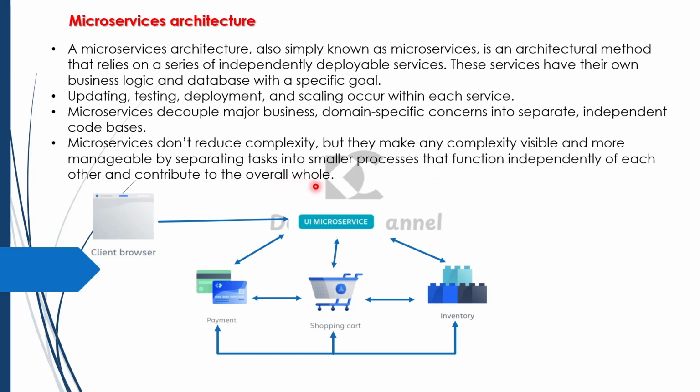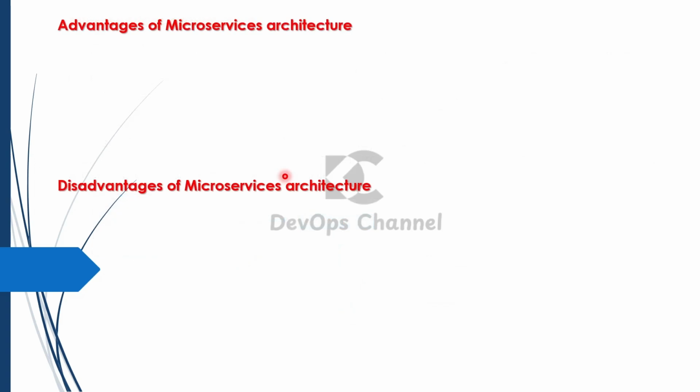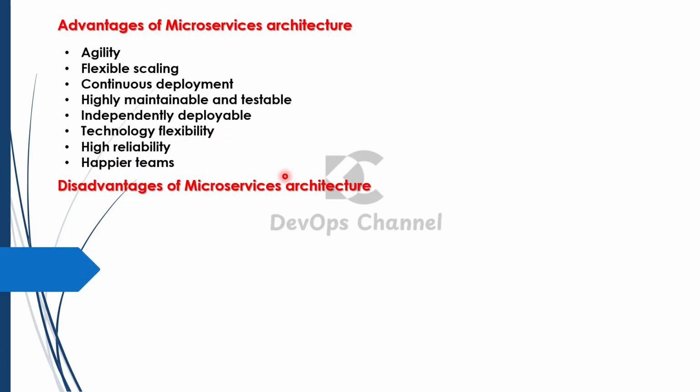Okay, so I'm hoping you are clear with the basic definition. Now let's talk about advantages and disadvantages. There are various advantages to using microservices, and in DevOps we mostly prefer microservices architecture. First one is agility, so they definitely give faster and more reliable products.